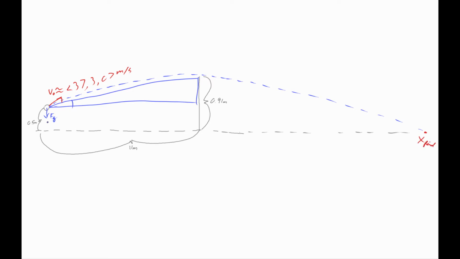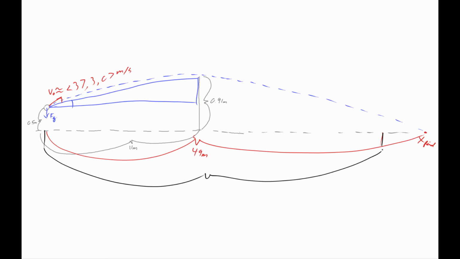We find this is about 49 meters. The problem here is that a normal regulation tennis court is under 24 meters in length. So this ball is a good distance off the back of the court, even when it's being hit from the baseline.